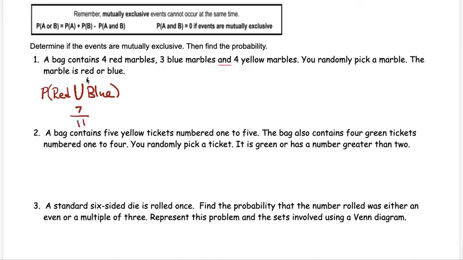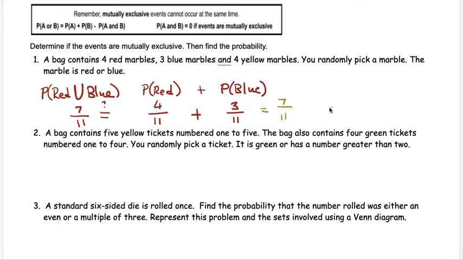So we want to find out if these are mutually exclusive, right? So we're looking at whether that, the union, is equal to the probability of red plus the probability of blue. So we've got 4 out of 11 plus 3 out of 11, and that, of course, is equal to 7 out of 11. So therefore, these events are mutually exclusive.